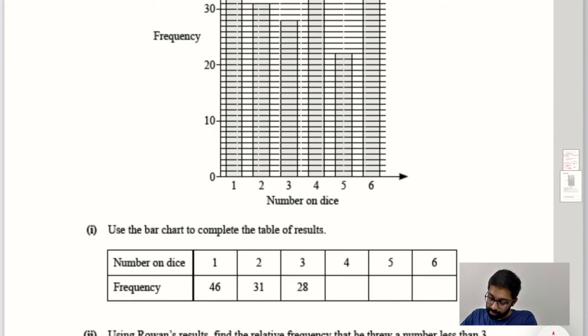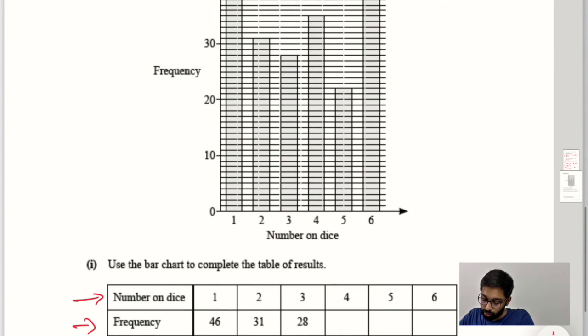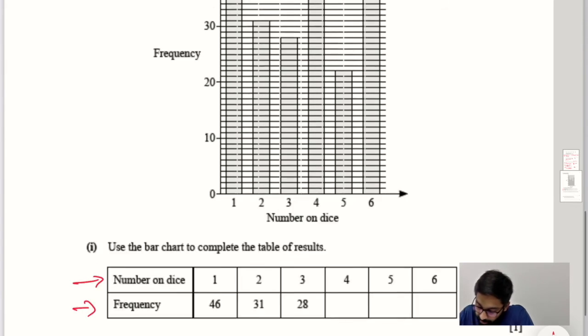The numbers on the dice are written over there, and the frequency is written over here. They've asked us to complete the table for 4, 5 and 6. So for 4, the frequency that we have is 31, 32, 33, 34, 35.